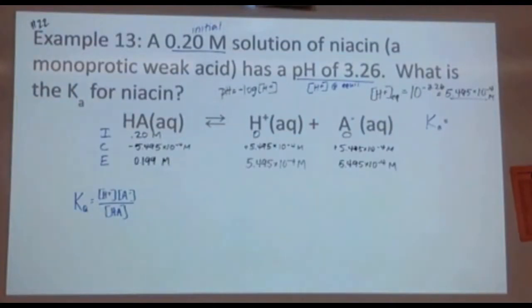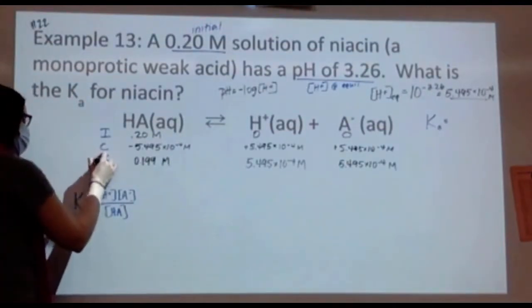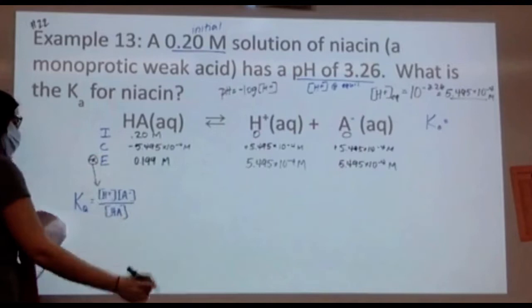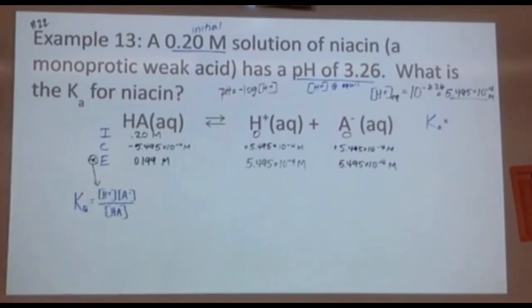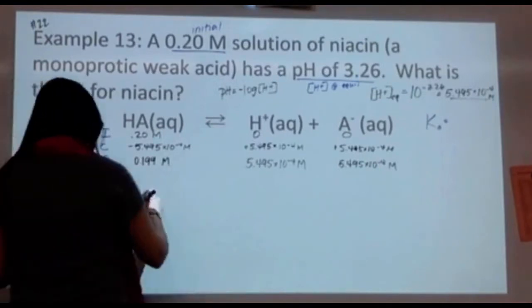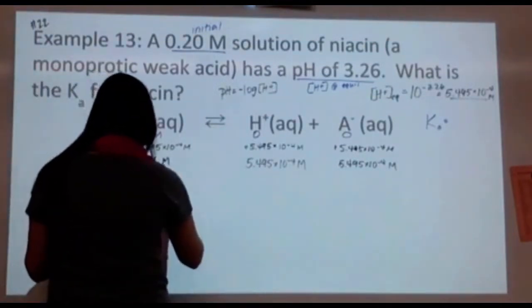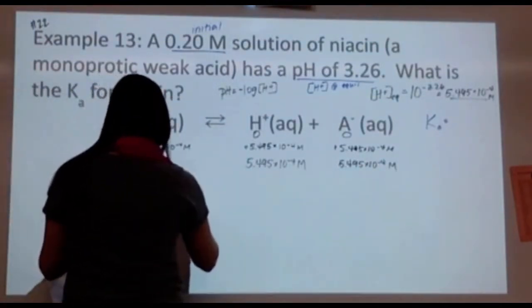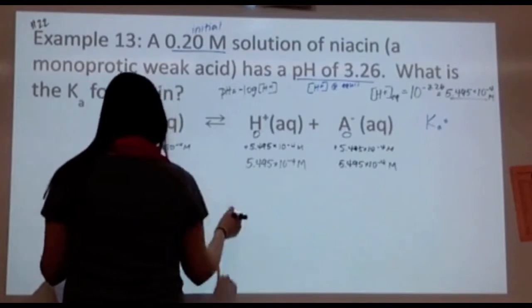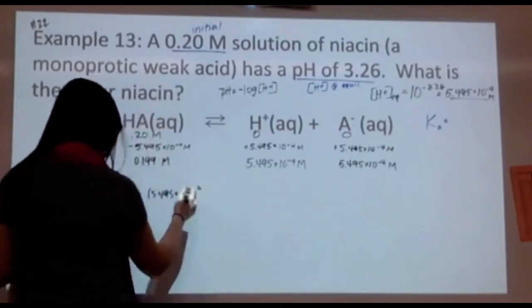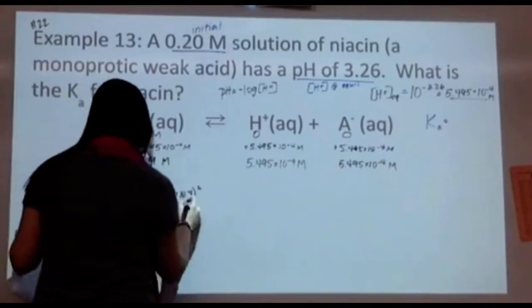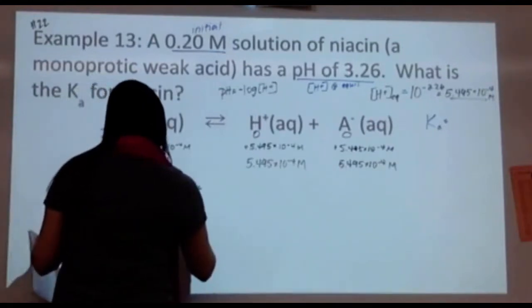The equilibrium concentrations are what are important when we want to plug into Ka, because K is the equilibrium constant. So I can do 5.495 times 10 to the negative fourth squared, because it's the same thing, divided by 0.199.